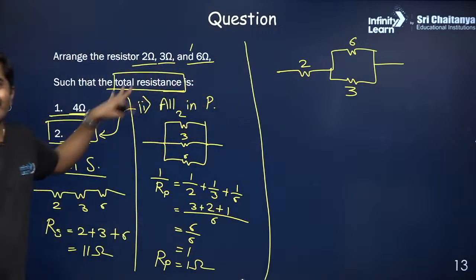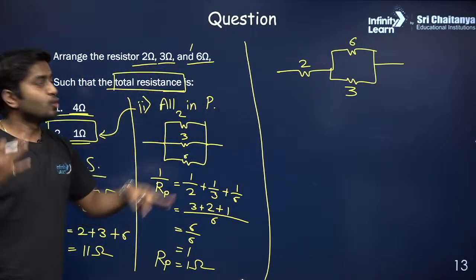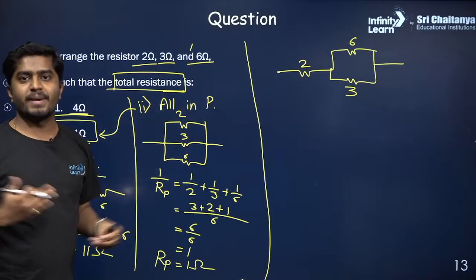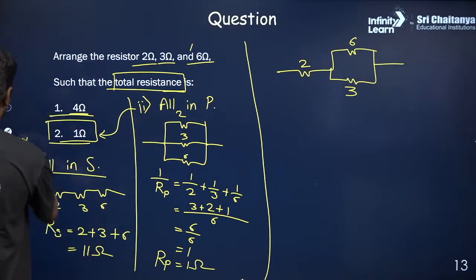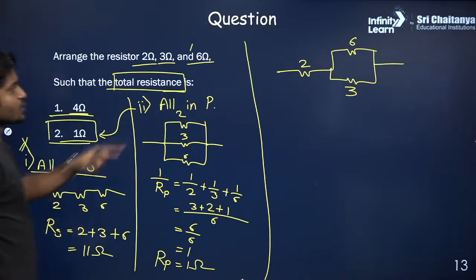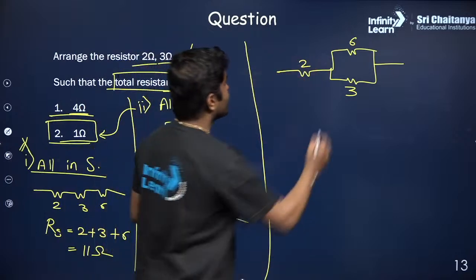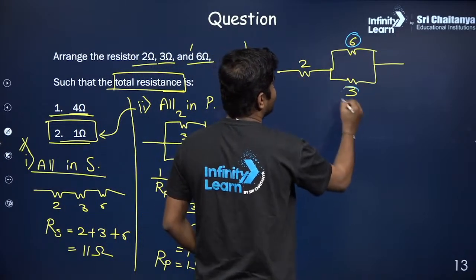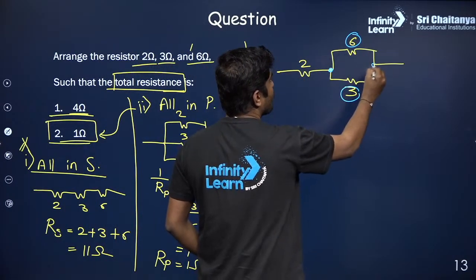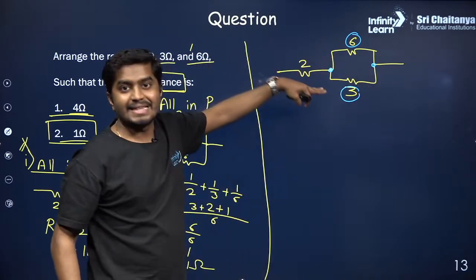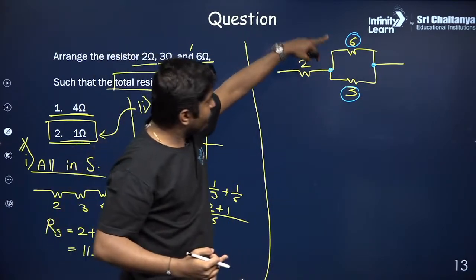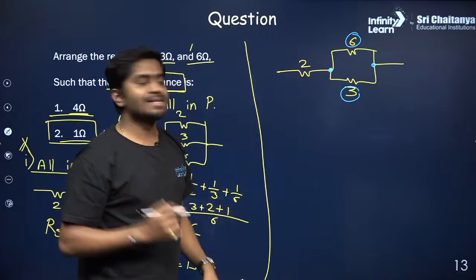This is a trial and error type question. You have to try different kinds of arrangement to calculate the exact values. For this combination, 6 and 3 have the common point, so they are in parallel.